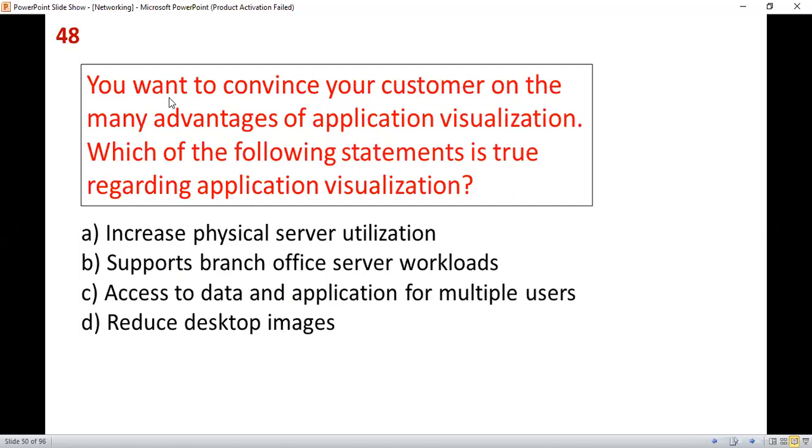Which of the following statements is true regarding application virtualization? The options you have are increase physical server utilization, support branch office server workloads, access to data and applications for multi-purpose use, and reduce desktop images. What will be the answer? You want to convince your customer of the many advantages of application virtualization. So which statement is true regarding application virtualization?